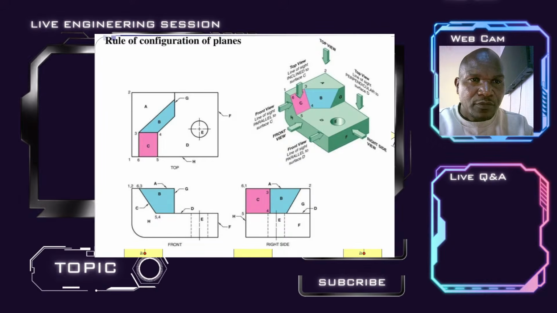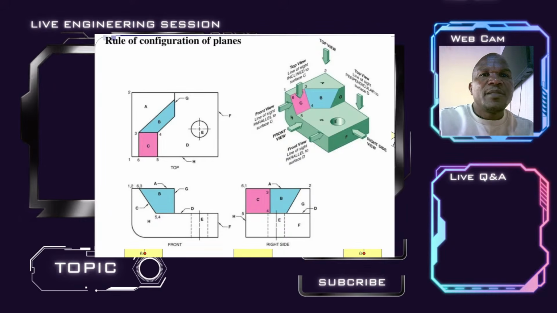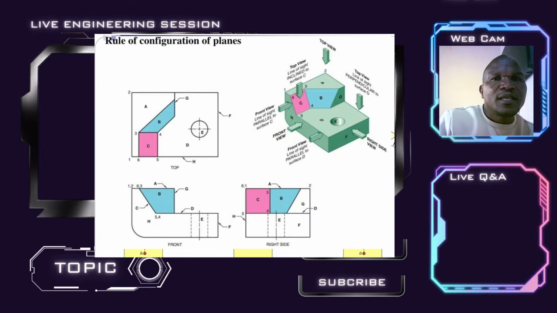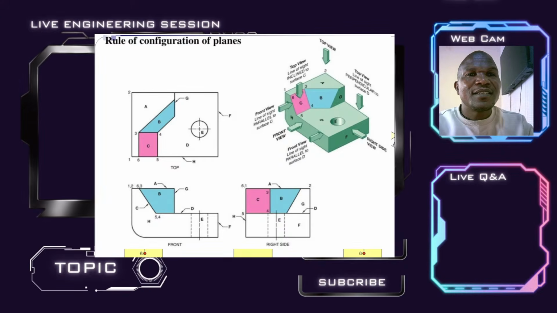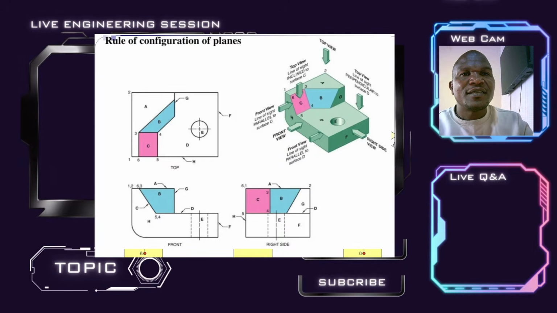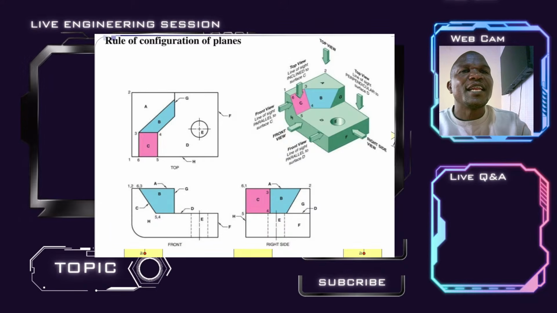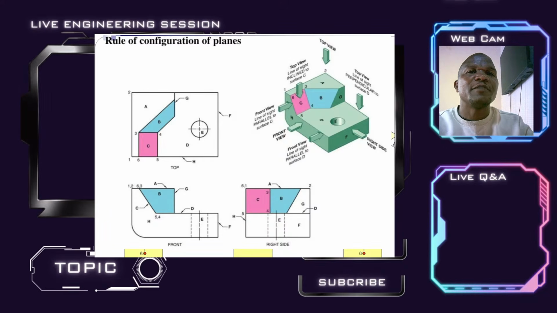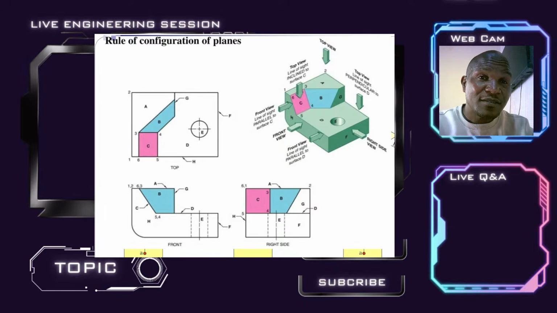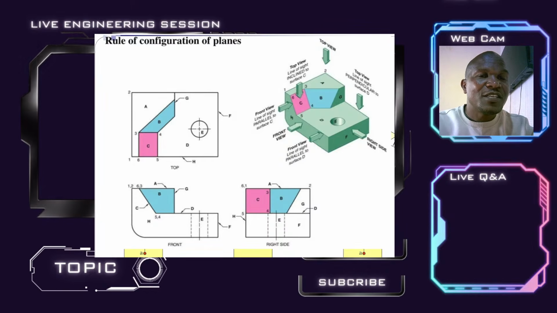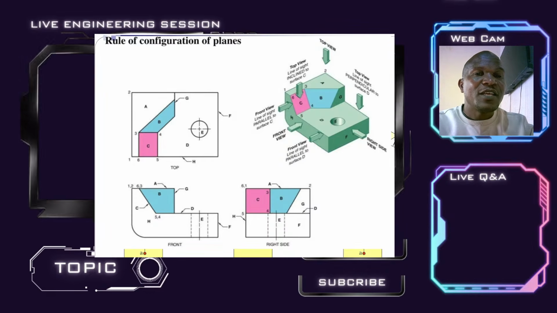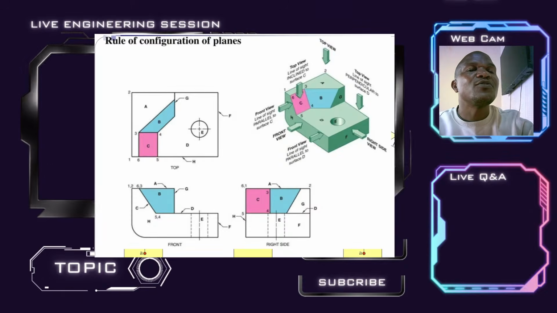Now, pay attention to this. The top view is perpendicular to the surface D, whereas the line of sight is inclined to the surface C. I repeat again, the top view is perpendicular to the surface D. Now that surface, we want to assume it's cutting through.